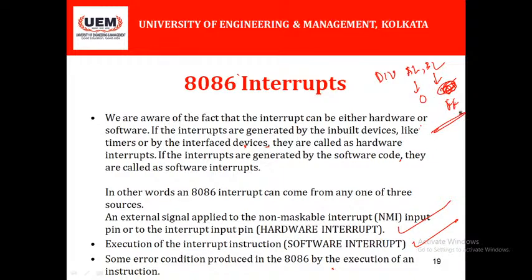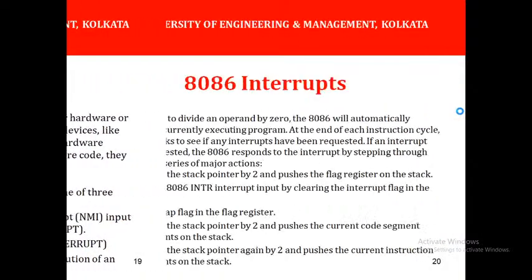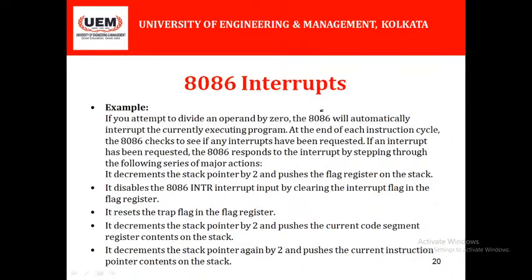Then naturally an interrupt occurs, because this is a divide error interrupt or divide by 0 interrupt. An interrupt is the same as an exception in Java. If you attempt to divide an operand by 0, the 8086 will automatically interrupt the currently executing program.